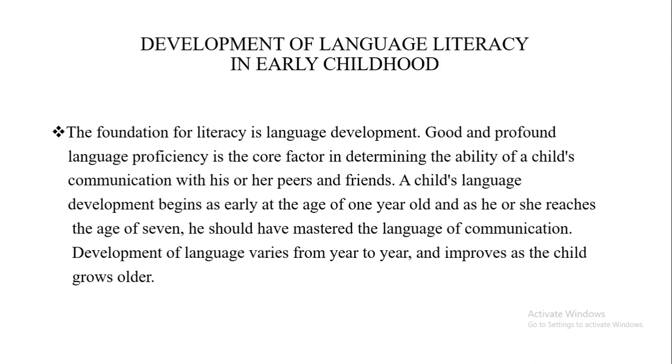A child's language development begins as early as the age of 1 year, and as he or she reaches the age of 7, they should have mastered the language of communication. Development of language varies from year to year and improves as the child grows older.